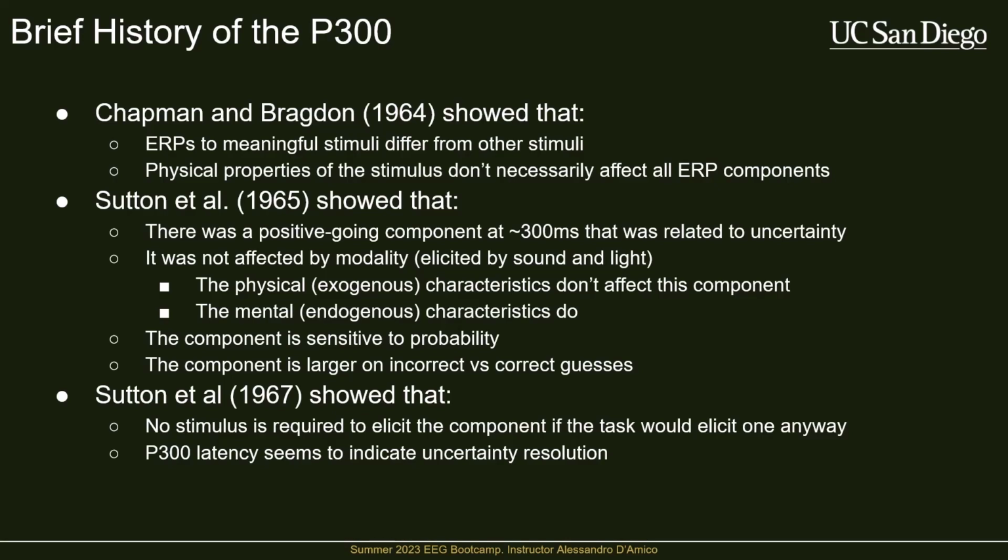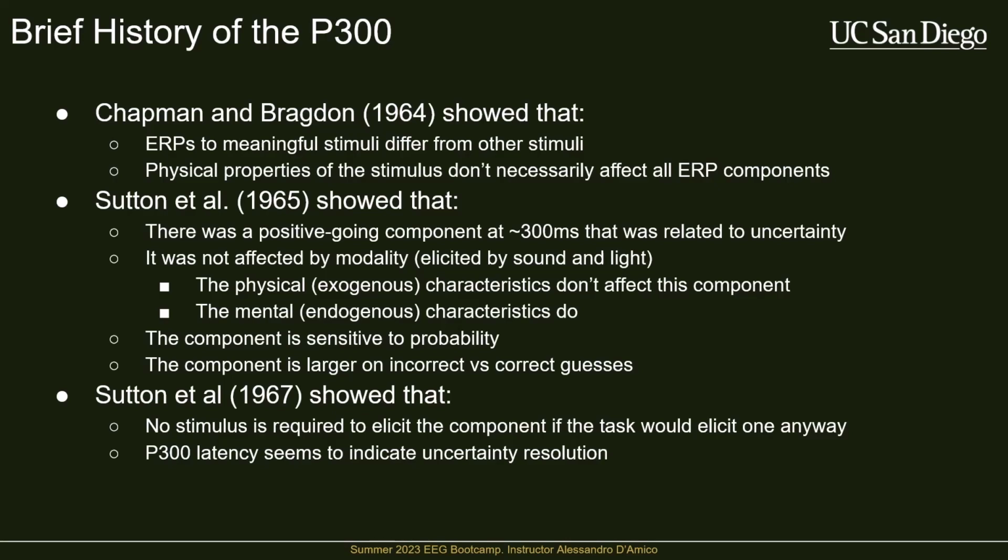So both the numbers and the lights generated those, but only the numbers elicited this large positive waveform about 300 milliseconds after they were shown. And it didn't seem to matter whether those numbers were in the dimmest state or in the brightest state. They were all eliciting this 300 millisecond potential.